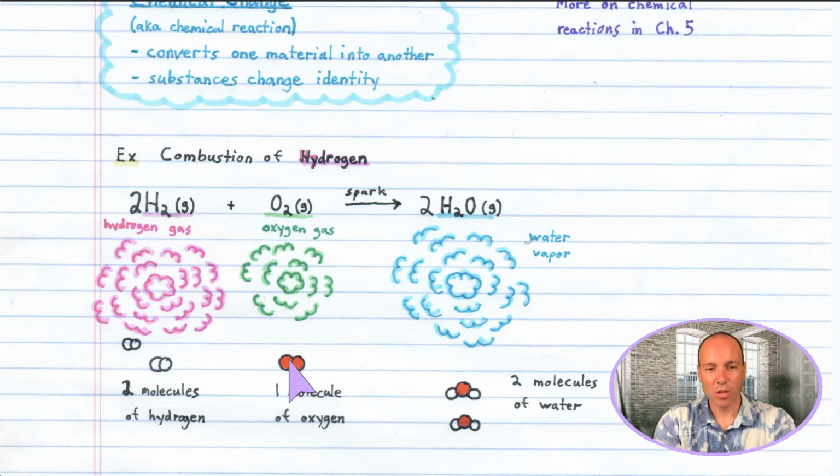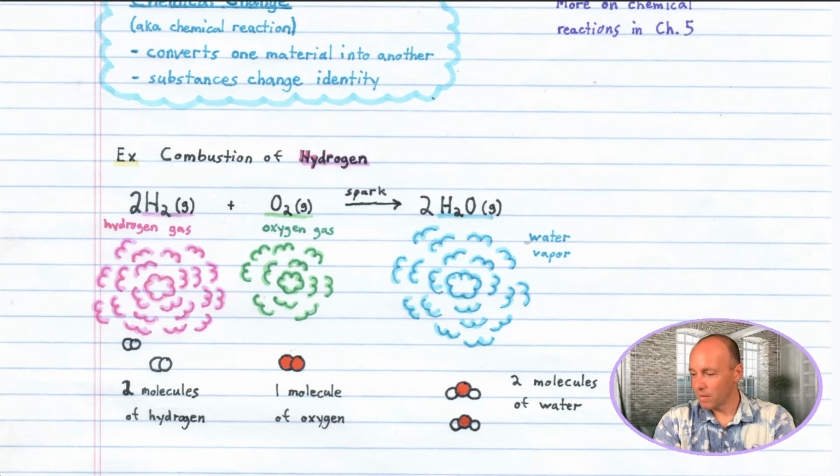And then the 2 oxygen atoms that you start with are still there, but they're in separate water molecules. So you see in a chemical reaction, what happens is atoms become detached from one another and they recombine with different atoms. So you end up with different substances.